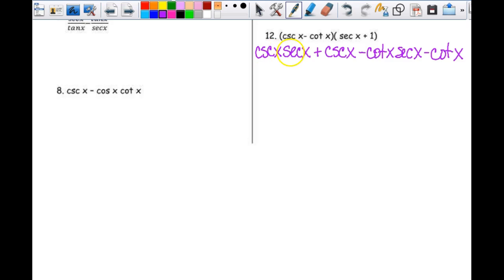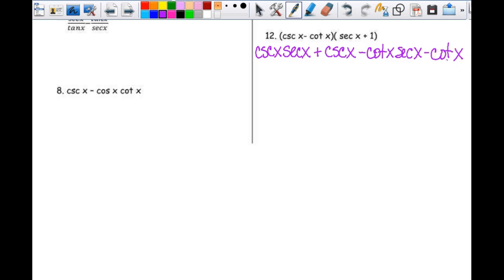These two are both reciprocals of what? Sine and cosine, all right? So this one is the reciprocal of what? Sine, okay? So I could get sine in my denominator. This is the reciprocal of cosine, but what's the denominator on cotangent? Sine, okay? And then this is cotangent where I could get the denominator to be sine.